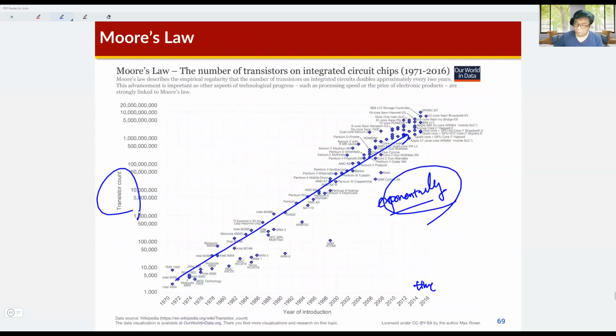But recently, we are facing the end of Moore's law. Why? Because the CMOS scaling is getting more difficult. I believe some of you heard about the struggles of Intel's semiconductor technology, because Intel is struggling with the 10 nanometer technology. Recently TSMC used the 7 nanometer or 5 nanometer CMOS technology.